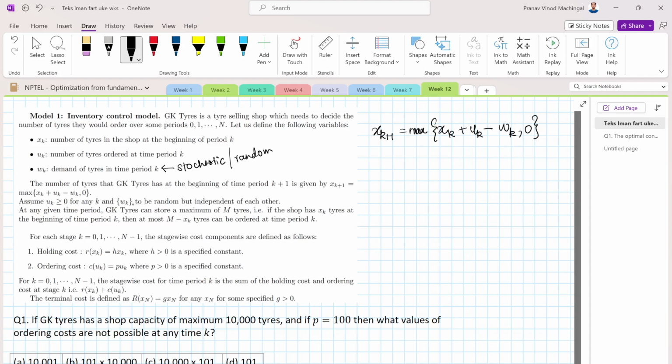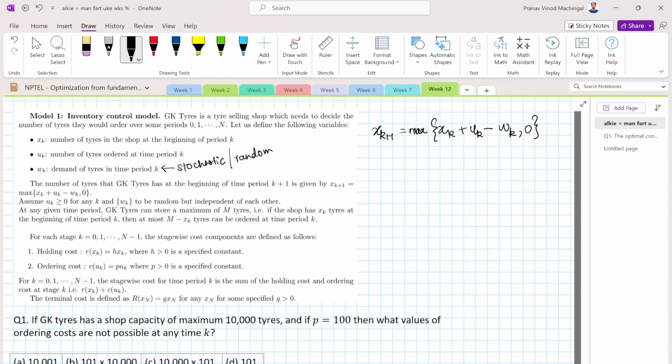So wk is random but independent of each other. That is, your demand is random and independent, and they are asking us to assume that at each period we can only add more stock to our shop. We can't remove any stock from our shop. So uk is greater than or equal to 0, and at any time period you can only store a maximum of m tires.